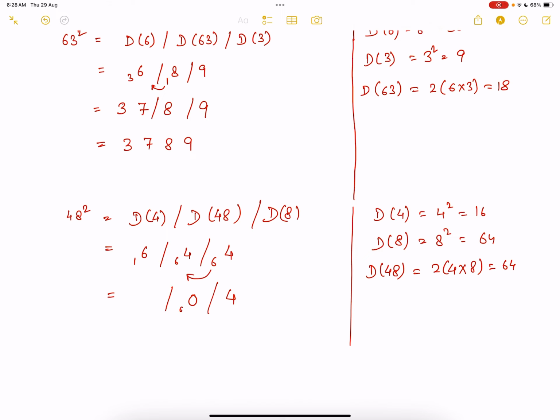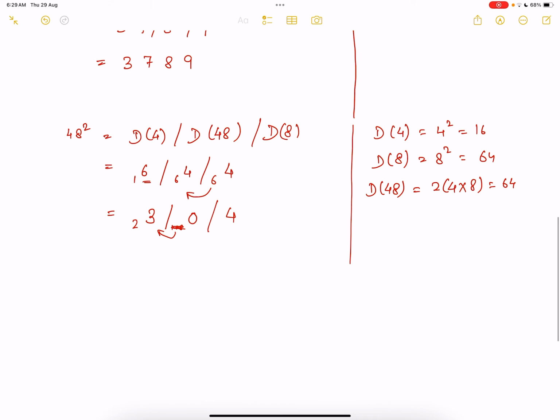And this 6 becomes plus 1. Let's take it like that. Okay. So this 10. And then this 6 goes here. So this 6 plus 7 is 13, and this becomes 2. Okay. So 2304.